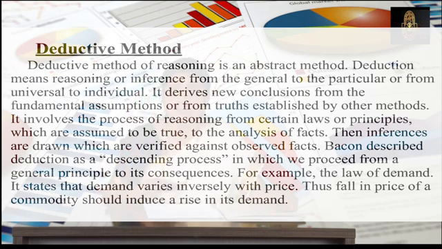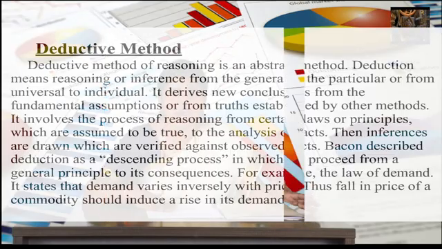It derives new conclusions from the fundamental assumptions or from truths established by other methods. It involves the process of reasoning from certain laws or principles which are assumed to be true to the analysis of facts. Then inferences are drawn which are verified against observed facts.